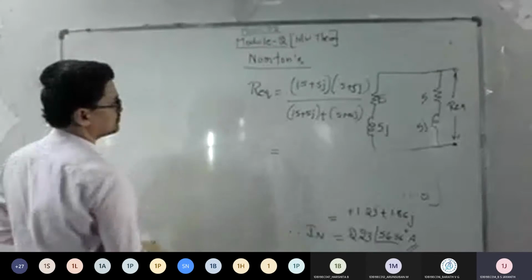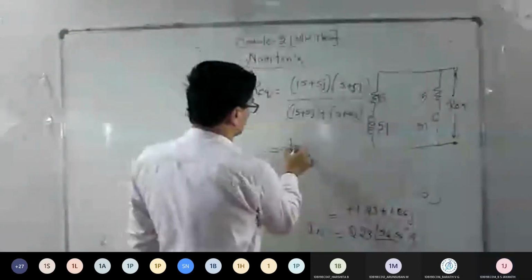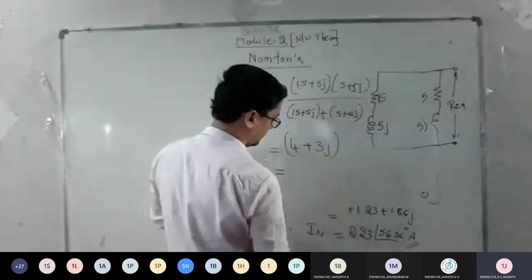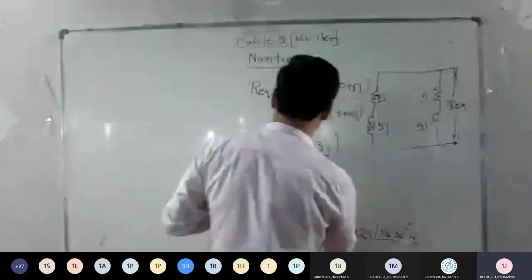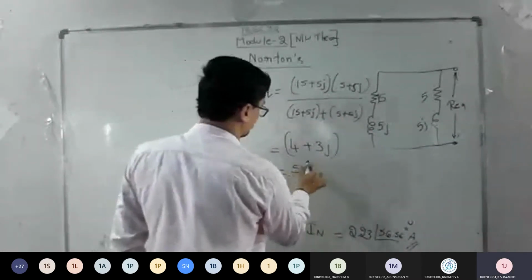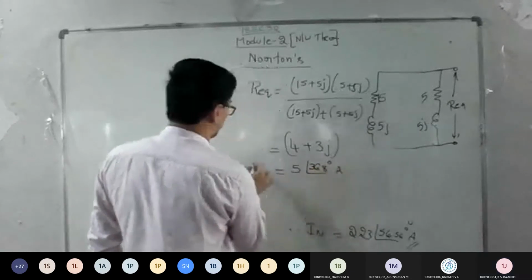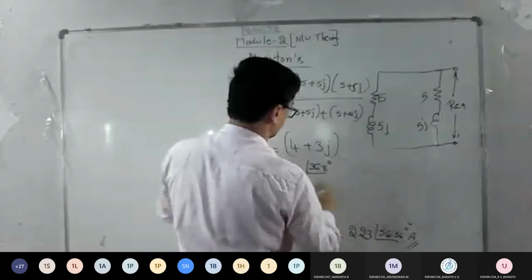Sir, 4 plus 3J, sir. 4 plus 3J, rectangle form, I think. Polar form is 5 at an angle of 36.87, sir. Okay, fine. So it's not amp, it's ohm.